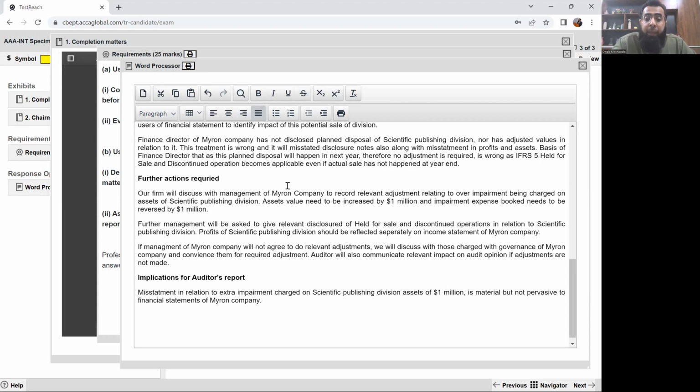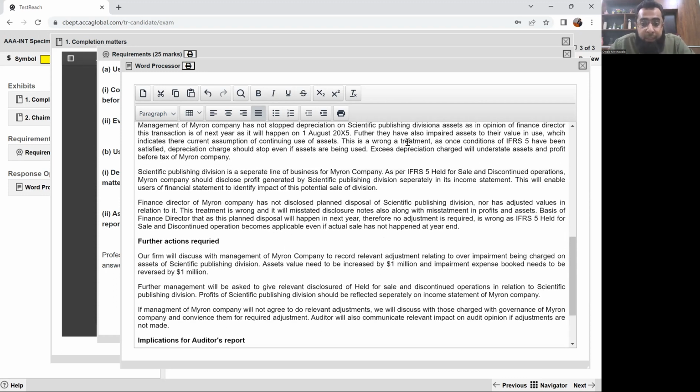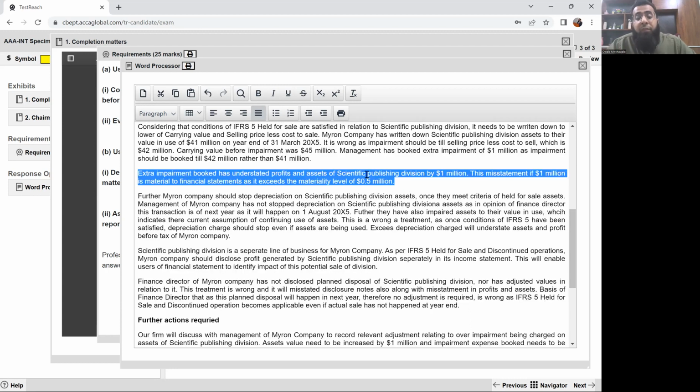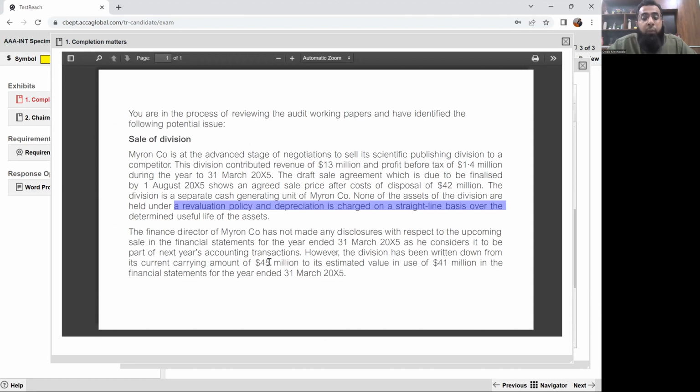Okay, we have already commented here that it was exceeding the materiality level. If you remember, we commented here on the extra impairment booked of $1 million. Because if you look at exhibit 1, the carrying value was $45 million and they have impaired it to $41 million value in use.